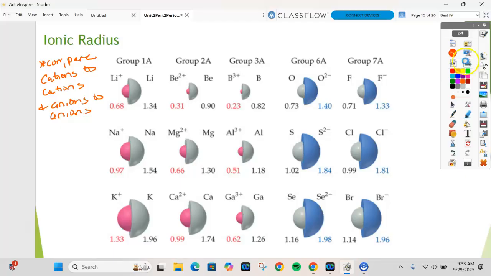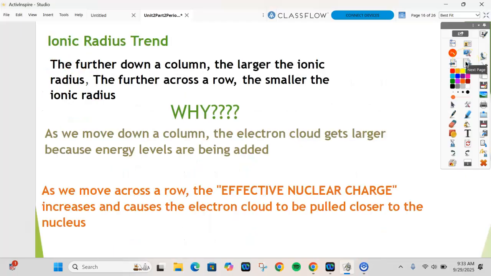So if we look at the trend for this, it's the same as the trend for atomic radius. The further down a column, the larger the ionic radius. Across a row, the smaller the ionic radius. And in terms of the why, the explanation, it's the same.